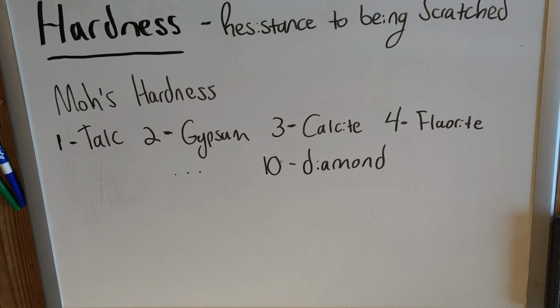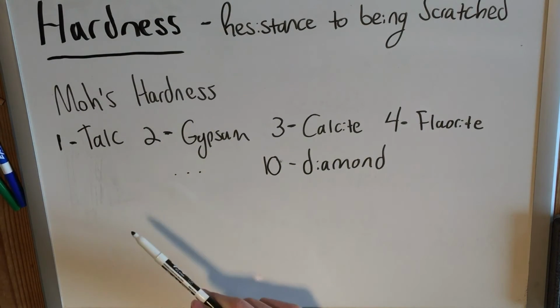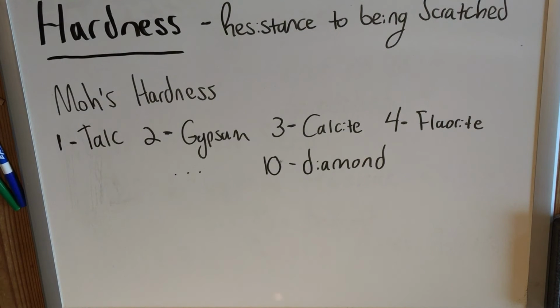You saw that there's no real order to that. It's just ranking them without taking into account any sort of pattern. It's not, for example, logarithmic. No, it's just ranking them in order, where diamond is greater than corundum, is greater than topaz, is greater than quartz, and so on.